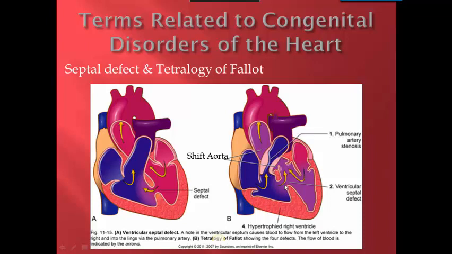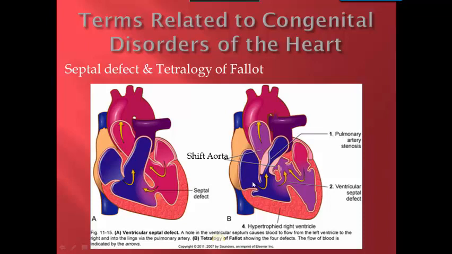Now, they also have a ventricular septal defect, but because of the hypertrophy and the higher pressures on this right side of the heart, it's actually higher pressure than the left, and deoxygenated blood will now flow from the right to the left. But to make matters worse, the fourth error is the shifting of the aorta to be more in line over the right ventricle.